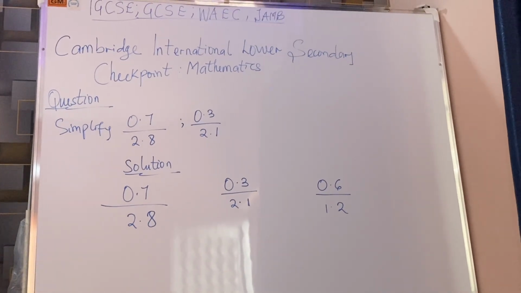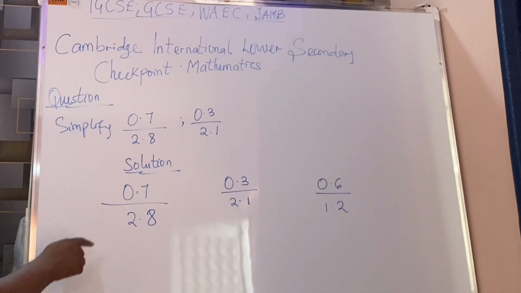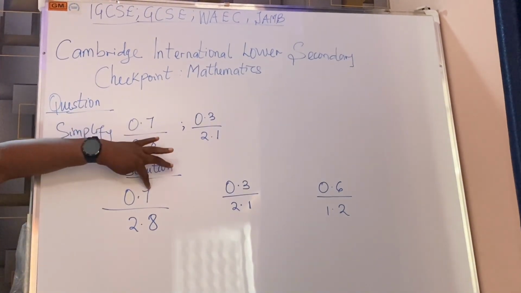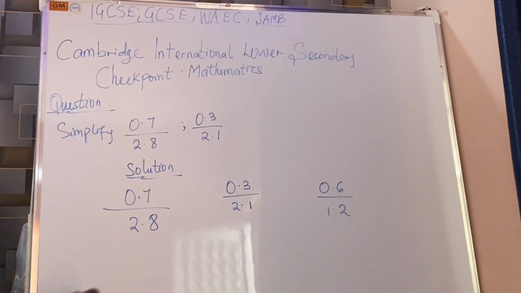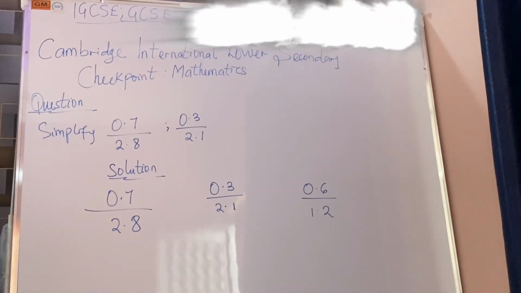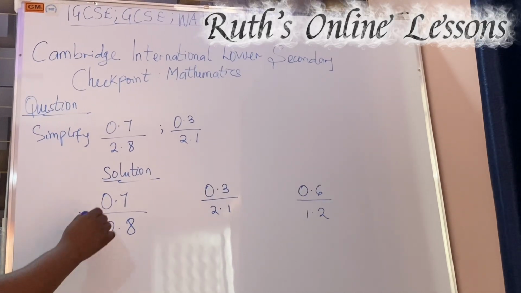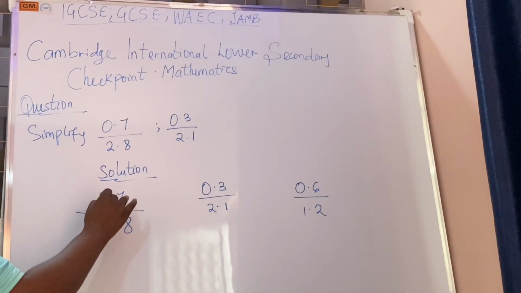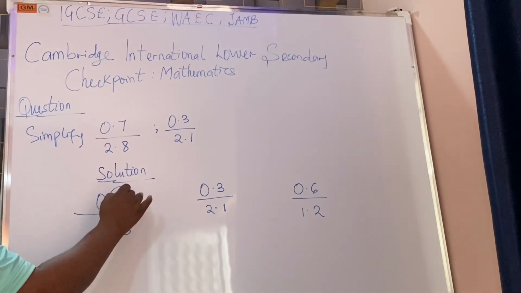It's very simple. Now notice here that for this numerator of 0.7, we have one decimal place. The denominator of 2.8, we also have one decimal place. All we need to do is move this decimal point one step forward.